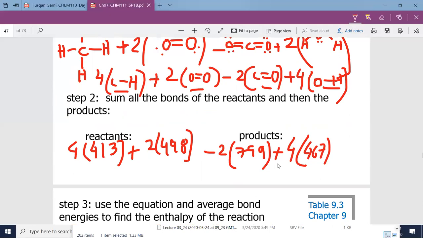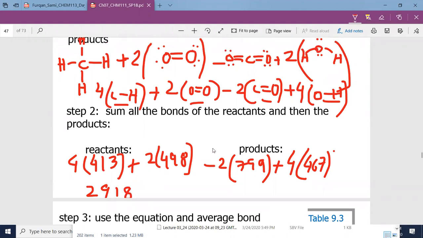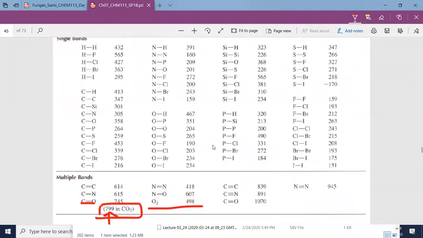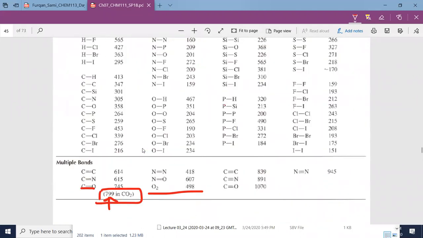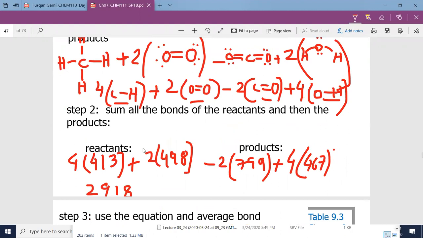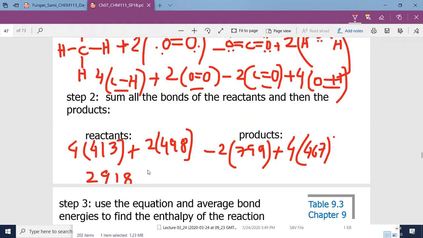If I do that in my calculator, that's going to be 2918. These numbers were given to me in kilojoules per mole. So that's going to be 2918 kilojoules per mole.